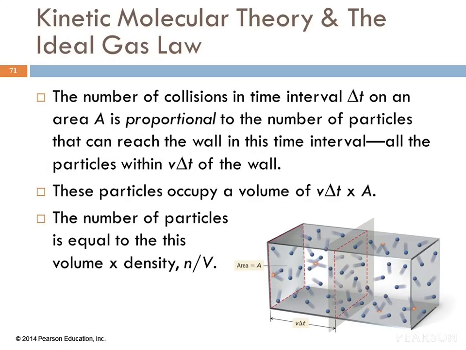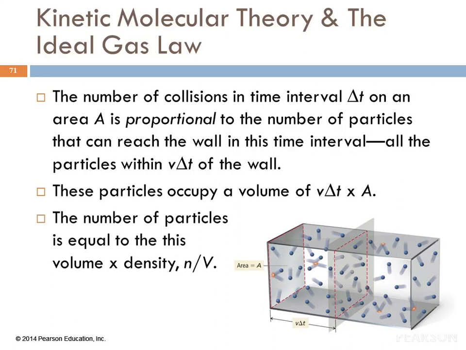The number of collisions in some time interval delta t is going to be proportional to the number of particles that could reach the wall during that time, which would be all particles within the velocity times delta t of the wall. Because velocity is distance per unit time, right?